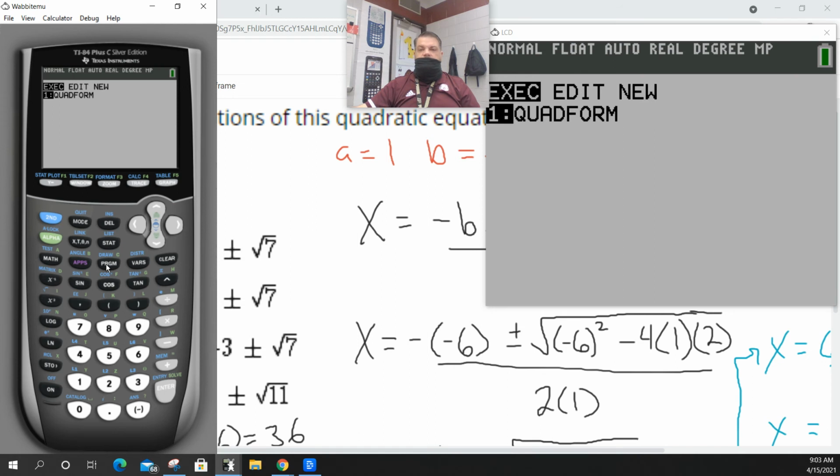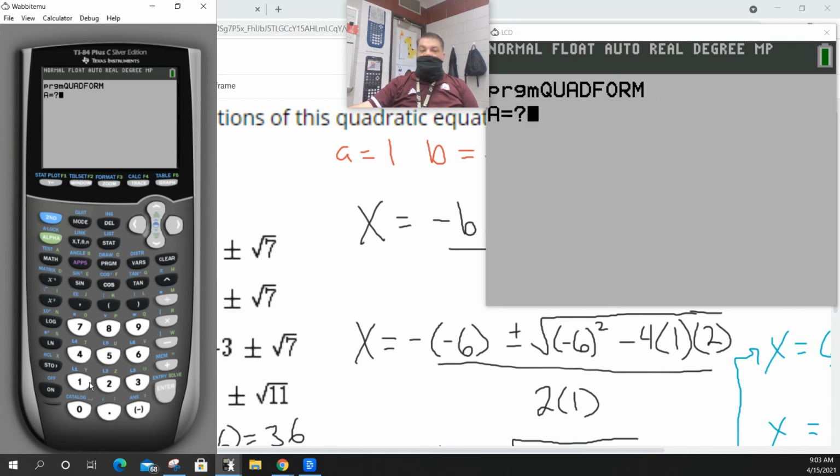Hit program, and option number 1 should say quad form. Does it? Okay. Then hit enter. It's asking you one more time, do you want to run the program titled quad form? Then you hit enter again.